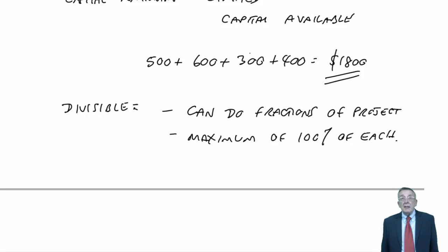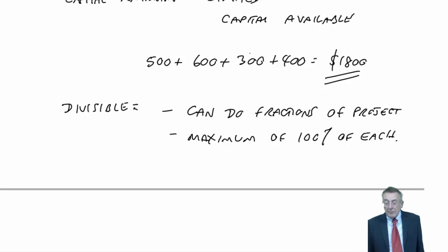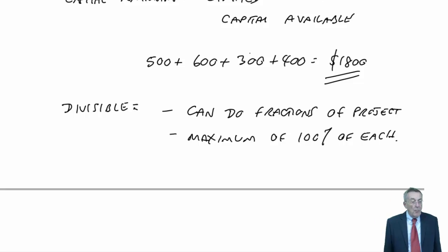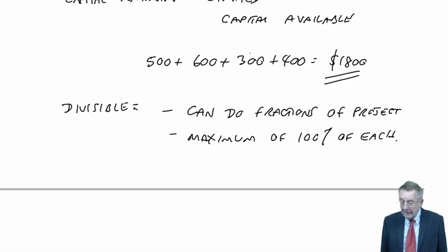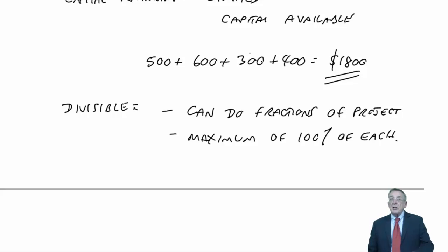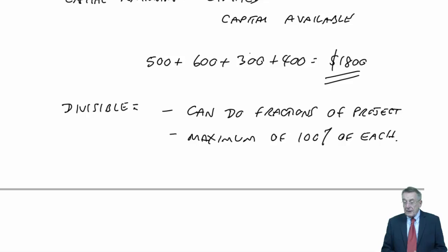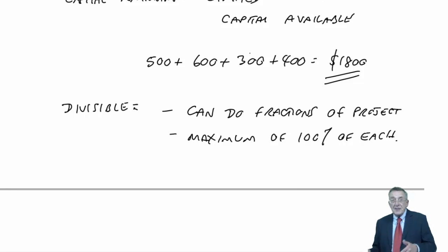I think in most cases that's perhaps unrealistic in real life. You either do a machine or you don't do it. I'm not sure about doing half a machine. But divisible means you can do fractions, 10%, 20%, 80%. Although, as I've said, the most you can do is 100% of each project. So you can't do 2 A's. At most, it's 1 A.